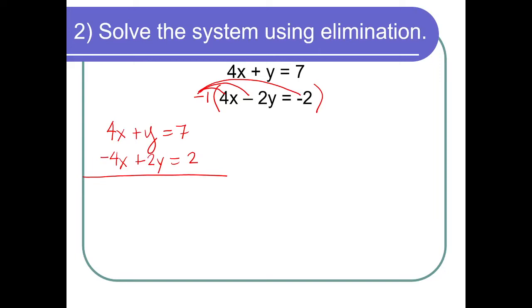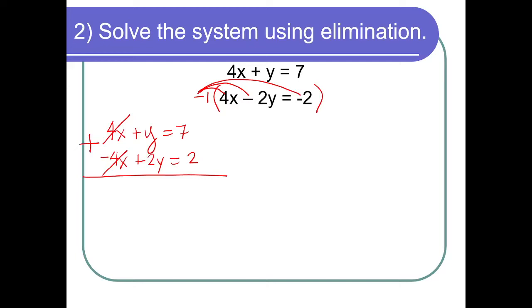Sa atong example, I will multiply -1 over equation number 2. Para naa na ako'y opposites din ha. After which, I'm gonna now add the two equations. So I'm gonna eliminate 4x now because they are opposites already.